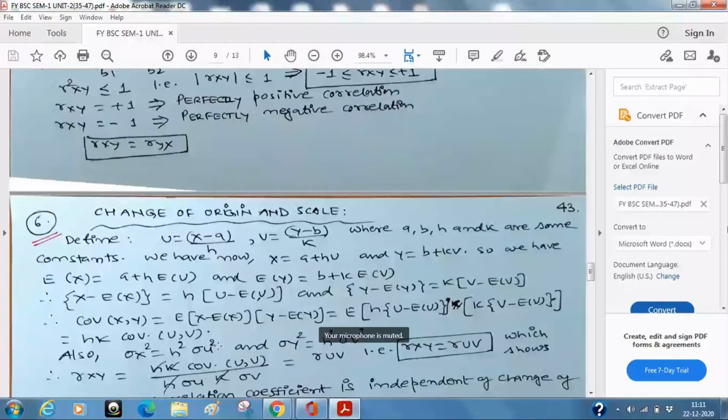Now you know I have also cancelled here. It gets cancelled. So what are you left with? You are left with covariance between u and v divided by sigma u, sigma v. This is just again I am replacing notation x and y with u and v. So it doesn't matter. This will now be the correlation of u and v.